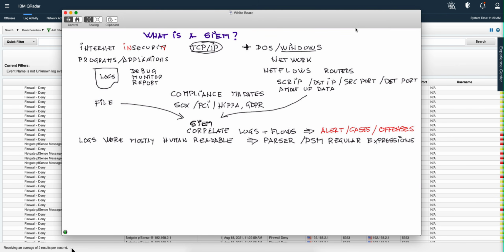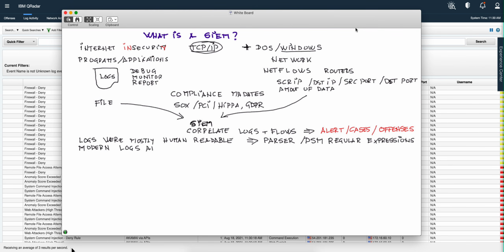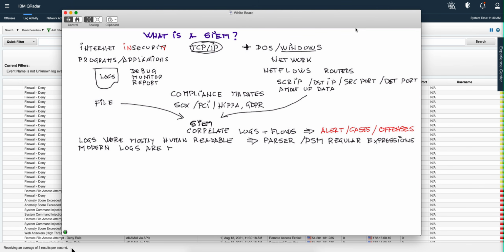Now, I just want to be positive on this. Things are not bad, because modern logs for new applications are really machine readable from the very beginning. So you don't need to do those pesky regular expressions.